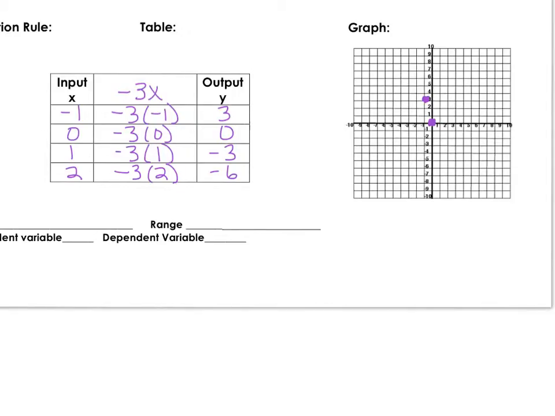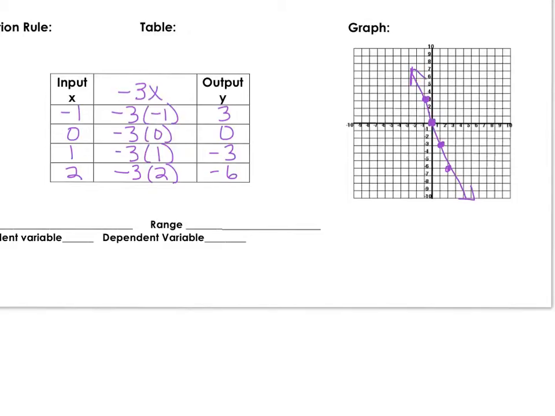Then I'll go over 1 down to -3. And then I'll go over to 2 and down to -6. And I will connect my points, and it makes a straight line. So there's the graph of the equation y equals -3x.